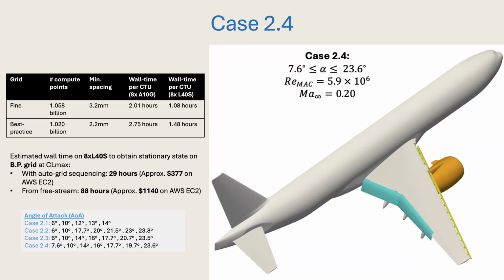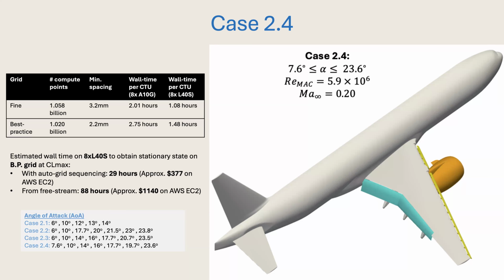It's more because it's an explicit code, and when you have smaller delta X, you have to go to smaller delta T. So the wall time per CTU becomes larger in that case. But another thing I would like to bring up, if you start with free stream, the total turnaround time on A10G is 88 hours. And if you put in a dollar amount, that could be around $1,000.